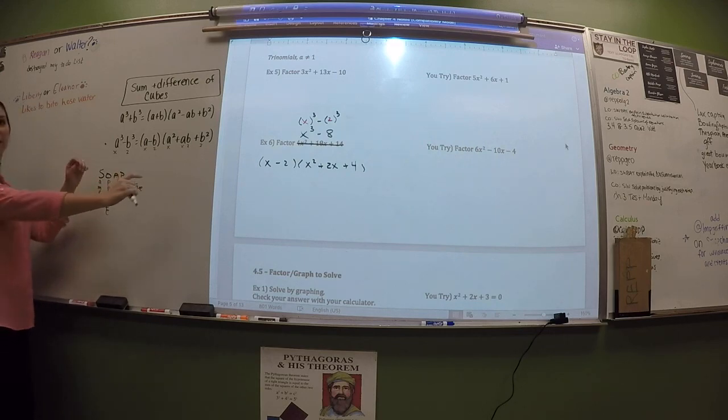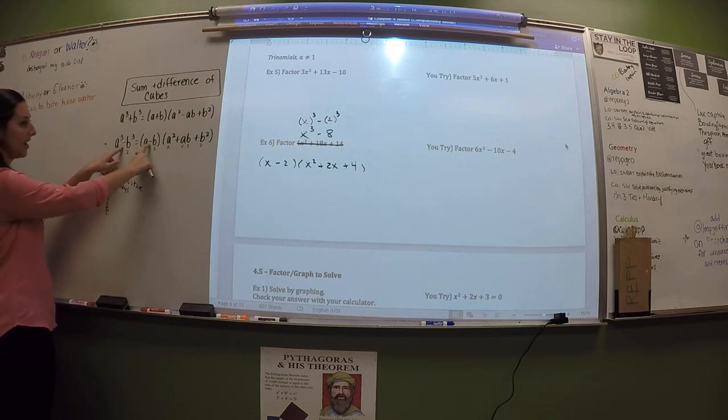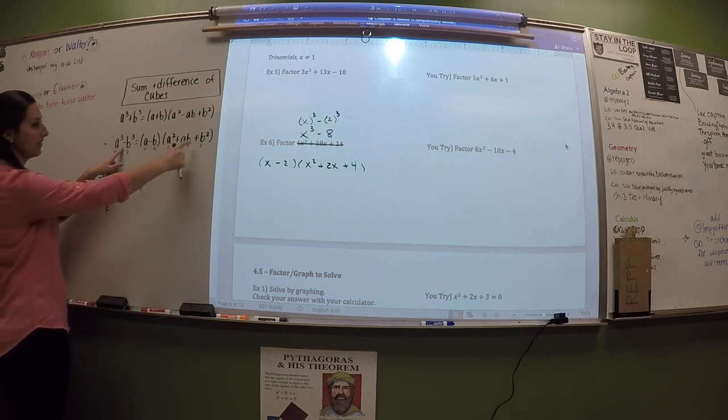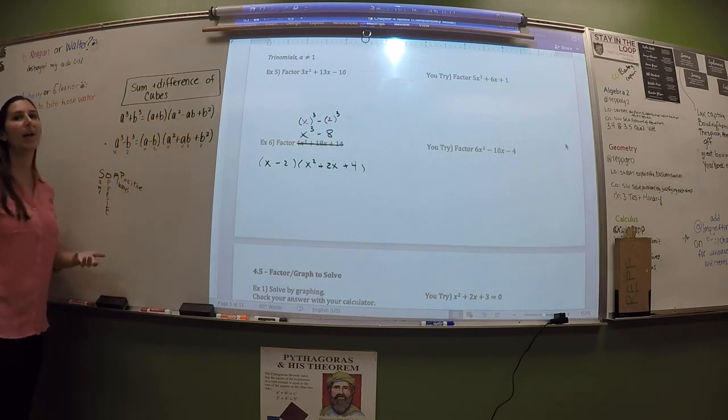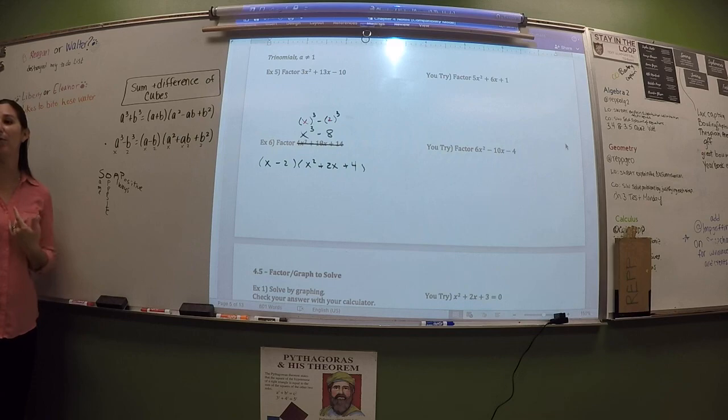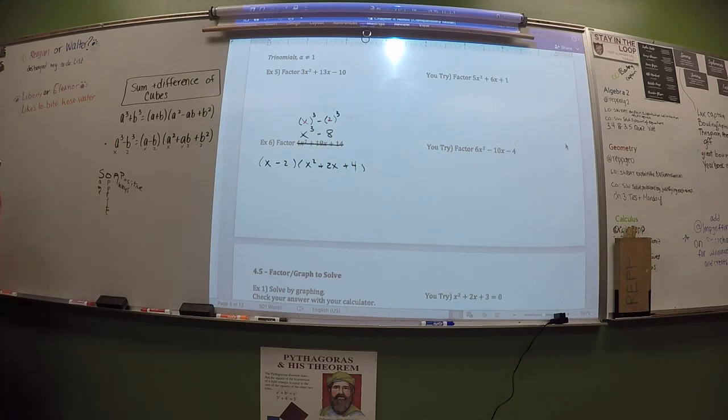So, like, for example, these two are the same, opposite, and then the last one's always positive. Same, opposite, always positive. I don't know if it's helpful for you. I don't think it's helpful. I think it's weird. But, like, that's just my personal opinion, so I'm giving it to you. SOAP, it's a method for remembering the signs that go in the cubic thing.